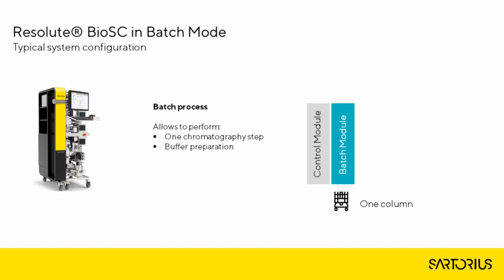So here, to picture that out, this is the most simple configuration. Here we have the control module and the batch module, where this, so to say, is a level 0 configuration, where we have one chromatographic batch step, but already employing buffer preparation, so improved buffer management.